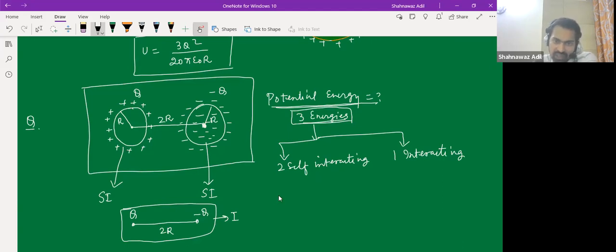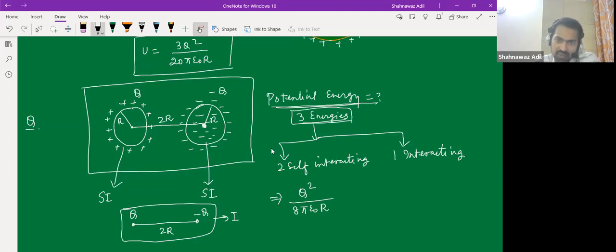For this case, this is a hollow one. For the hollow one, what is the self-interacting energy? That is Q square by 8 pi epsilon naught R. Correct, guys? Yes.